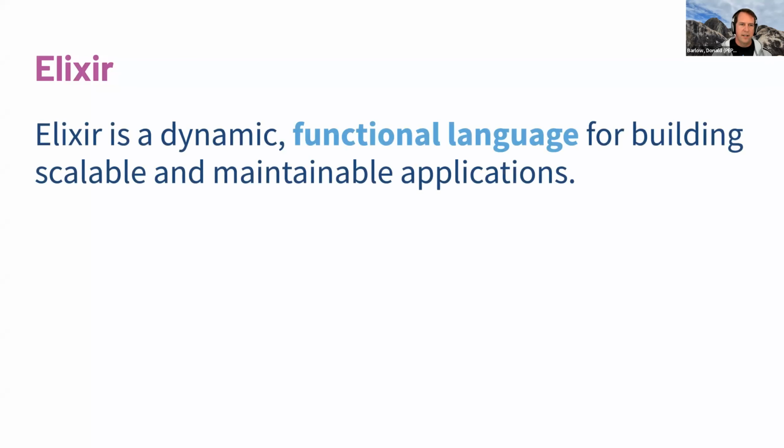So Elixir is a dynamic functional language for building scalable and maintainable applications. Obviously, the keyword there being functional. For people that weren't here in the beginning, I did Ruby for a long time, 10, 12 years or so, and then we started to do Elixir as well. In my current role, I do Elixir full time.